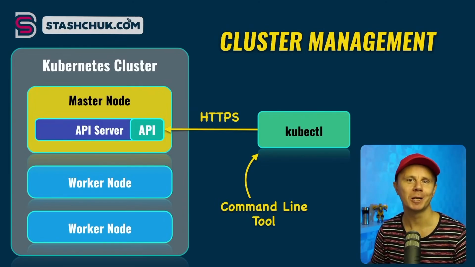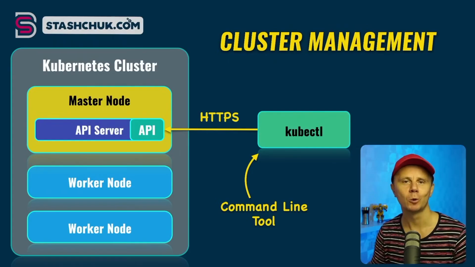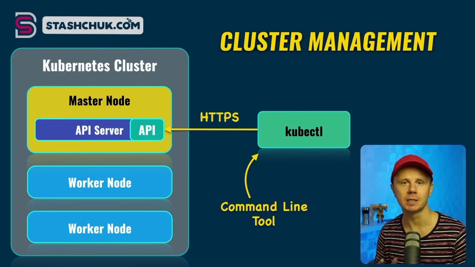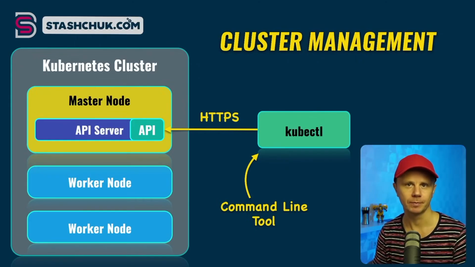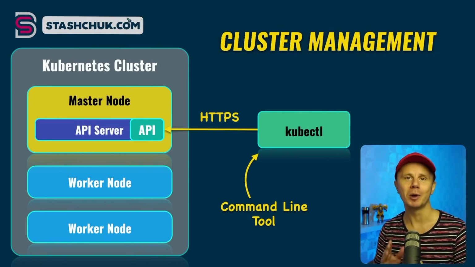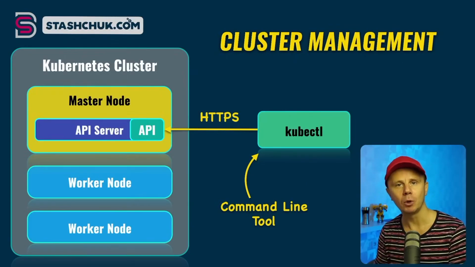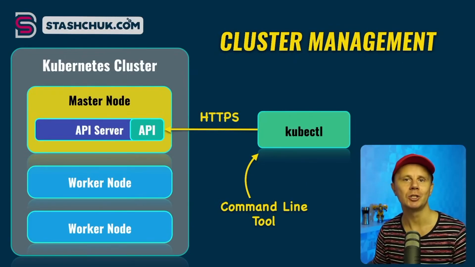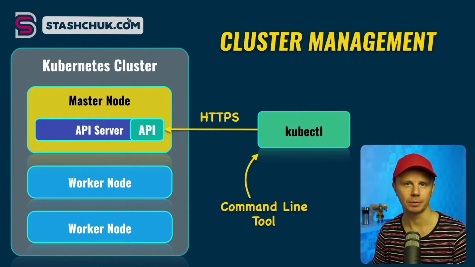That's it for the Kubernetes architecture overview, and now you know that the Kubernetes cluster consists of nodes, and one of the nodes is the master node, and it manages other nodes which are called worker nodes. On each node there are pods, and pods are created automatically by Kubernetes, and inside of the pod there are containers, usually just a single container per pod.